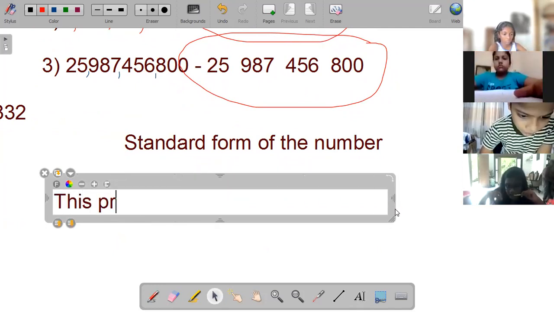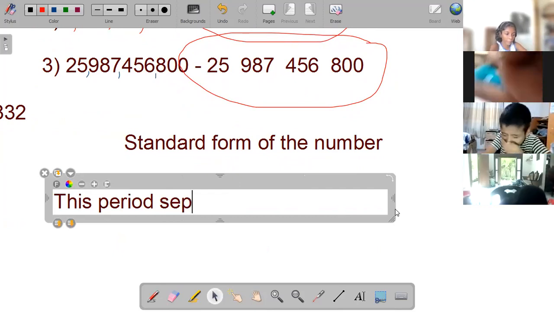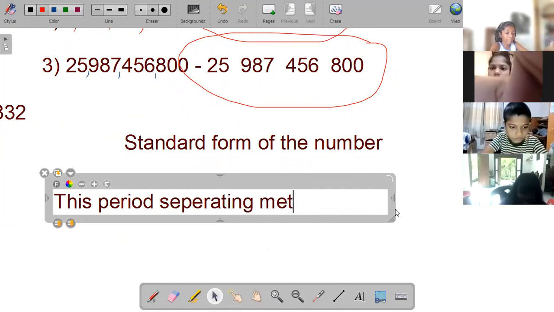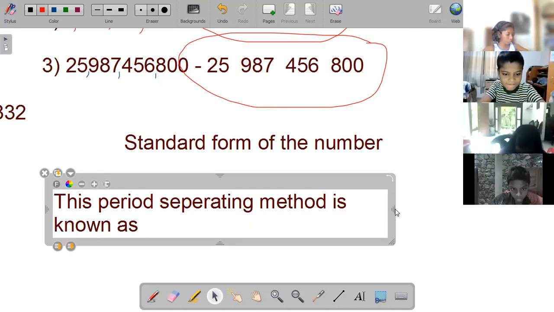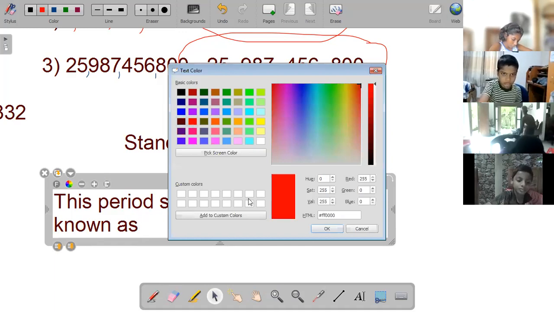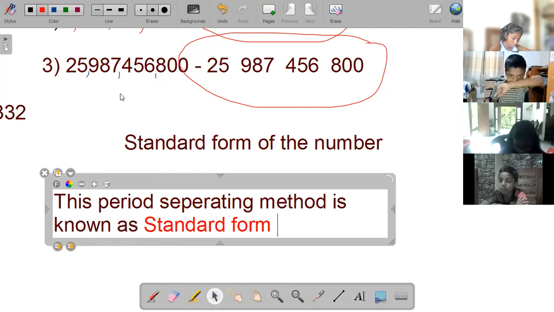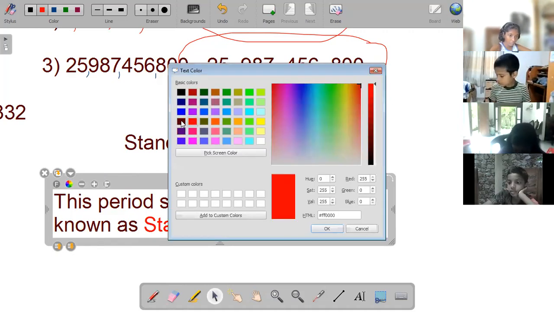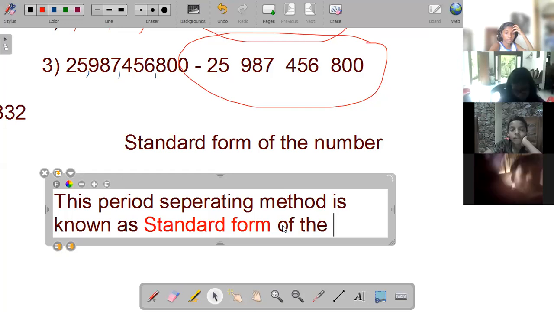This period separating method is known as standard form of the number.